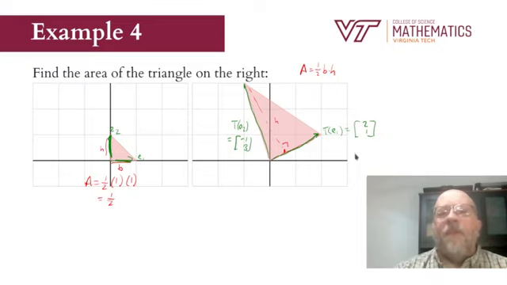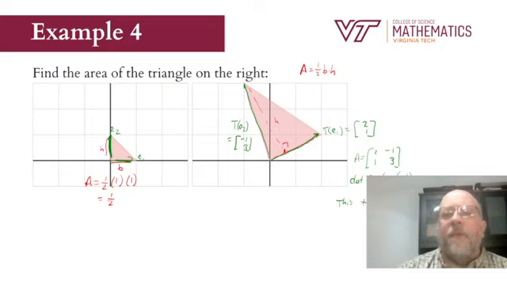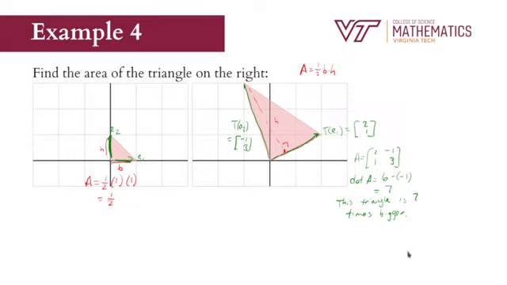The matrix is 2, 1, -1, 3. The determinant of that matrix is 6 minus a -1, which is 7. And so this triangle is 7 times bigger. And since this triangle is 7 times bigger, then it must have an area of 7 halves.